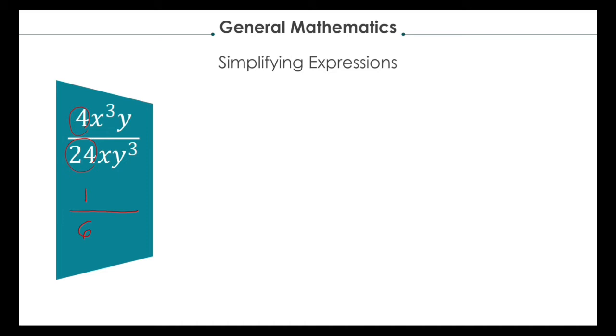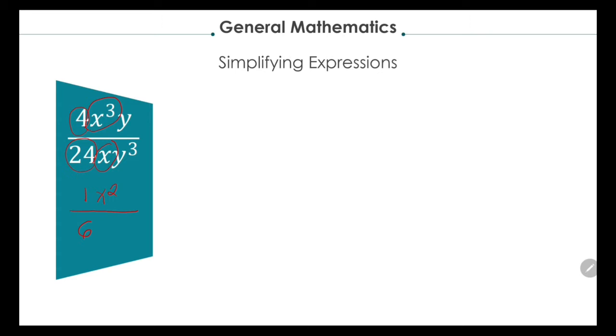And then, proceed tayo dun sa mga variables. We have x cubed and x. So, x cubed all over x. Okay. Ang i-recall nyo naman dito in simplifying expressions ay yung law on exponent. So, if we have x cubed all over x, we will have x squared.